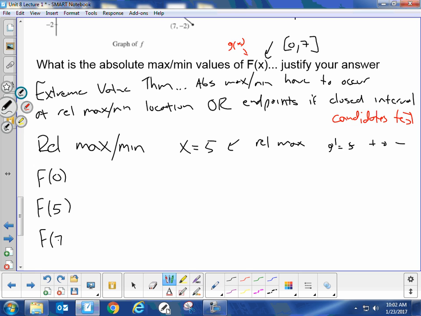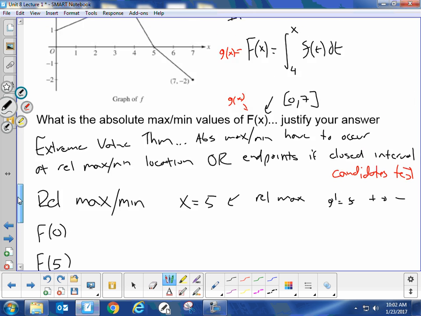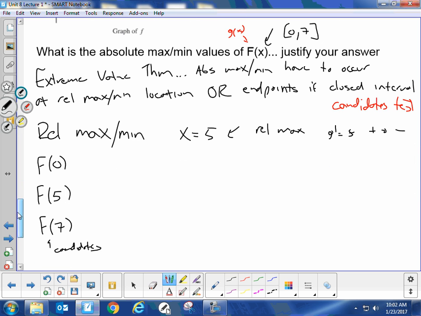These are my candidates. I will be able to get an absolute max and an absolute min from 2 of those 3, guaranteed. Every other point will be either below or will be in between the max and min value.